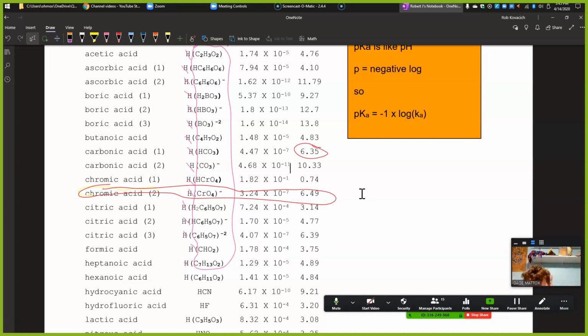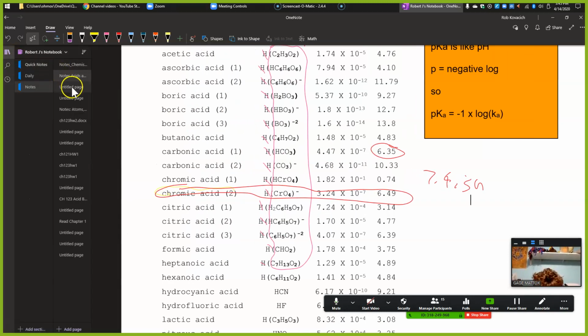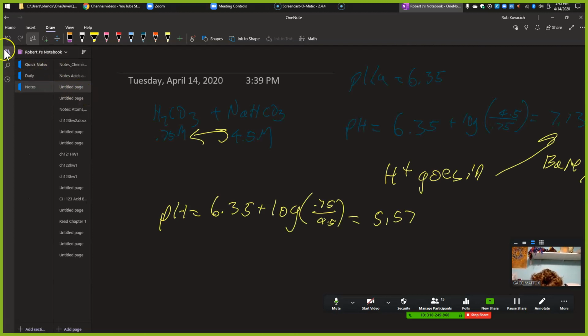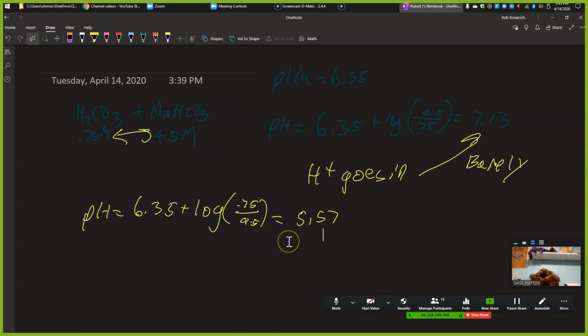What pH does your body buffer at? 7.4-ish. So if you had the choice, which of these would you use to buffer? Carbonic acid. So if your concentration of the salt and the base were exactly the same, what happens to this term here?